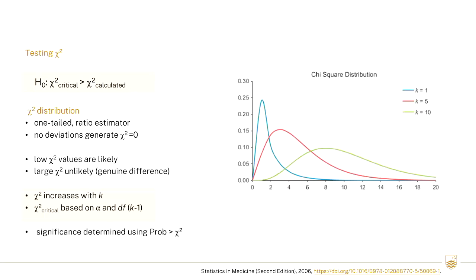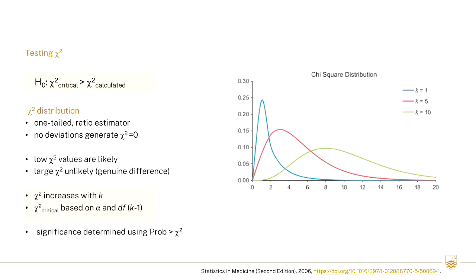Well, you can see, as I mentioned there, the distribution is drawn out. It's drawn out because with a single degree of freedom, that's two categories, there are few instances in which we can detect differences.